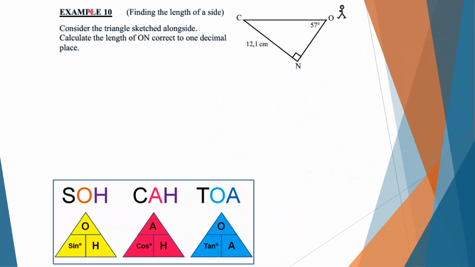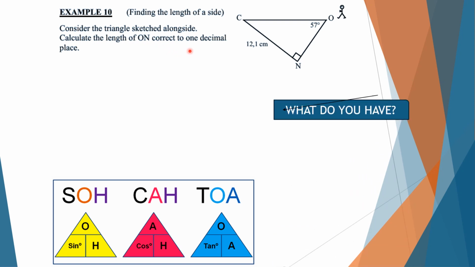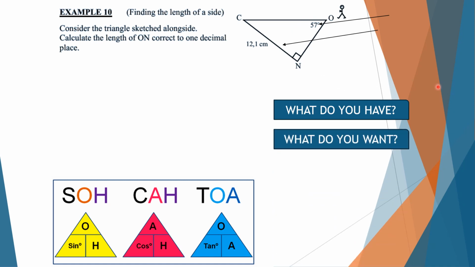Example 10 reads, consider the triangle sketched alongside. Calculate the length of ON correct to 1 decimal place. 3 steps. What do you have? You have the opposite side to our 57 degree angle. We have the 57 degree angle. The next question is, what do you want? We want ON, this one.